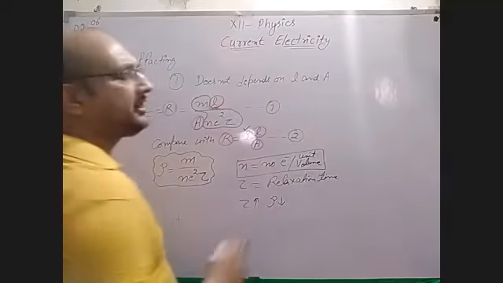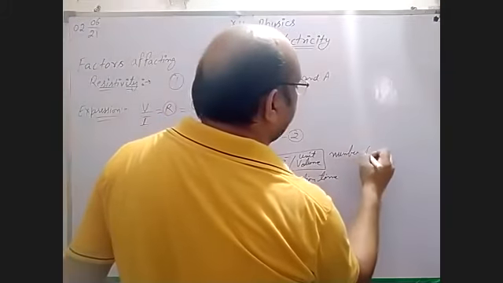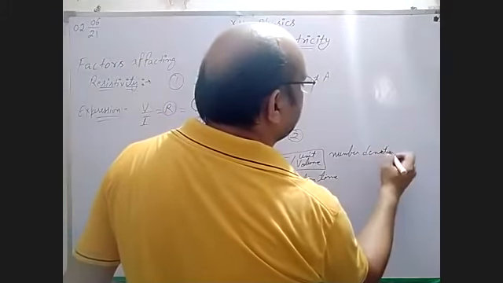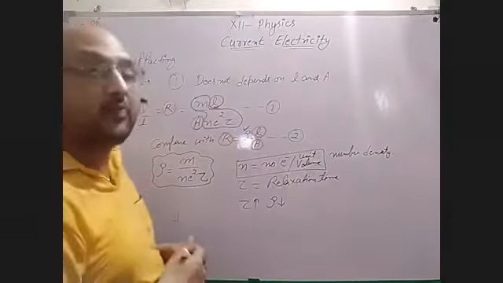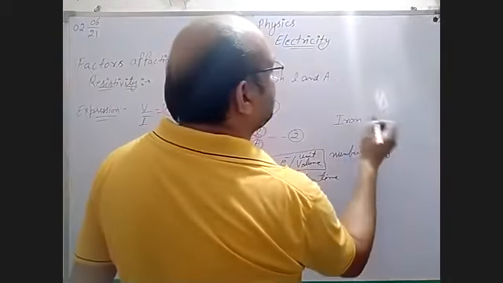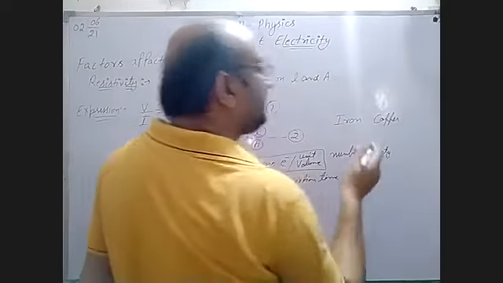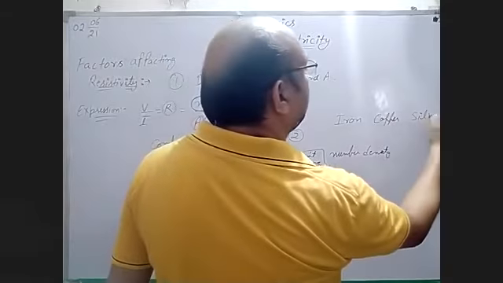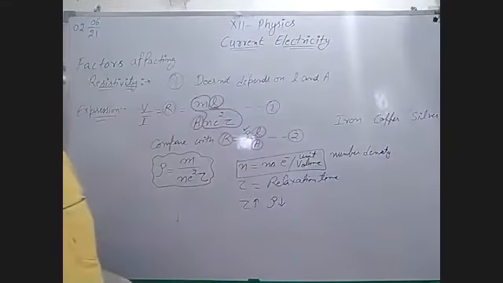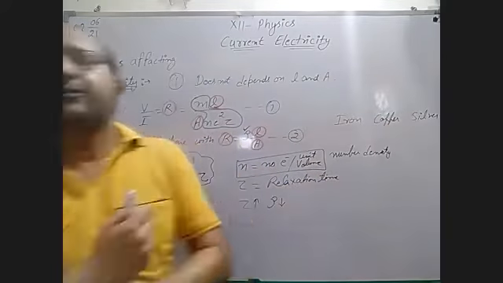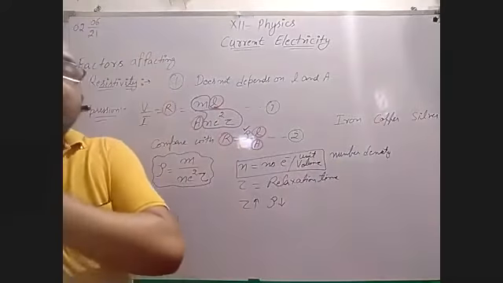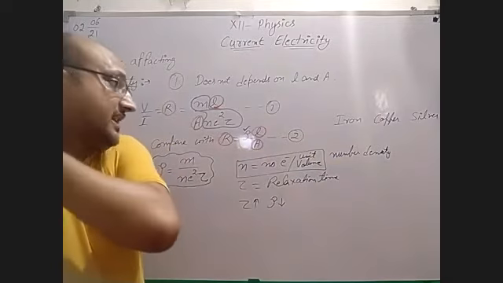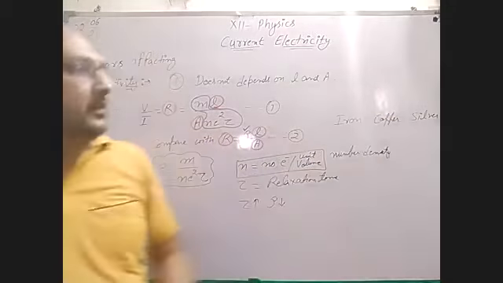Now one more thing here: number density. How can you say that this material has less number density and this one has more? Conductors like iron, copper, silver. Silver has more free electrons as compared to iron and copper.